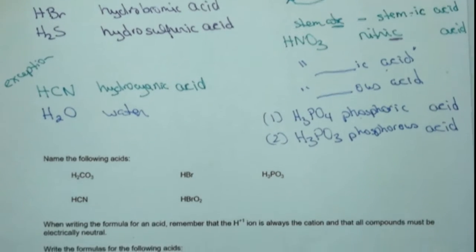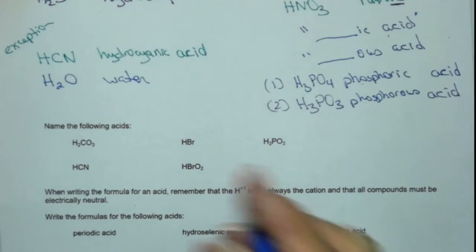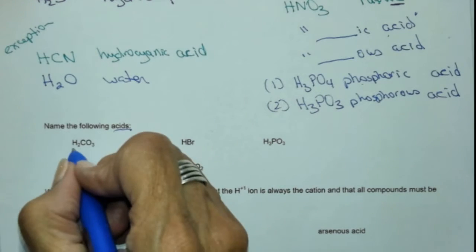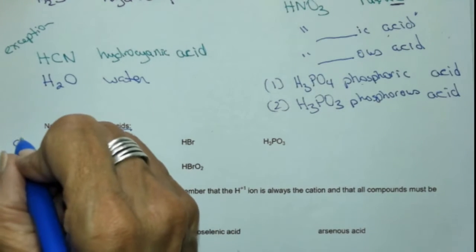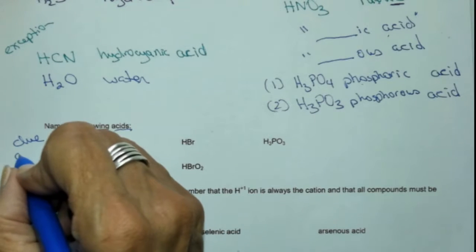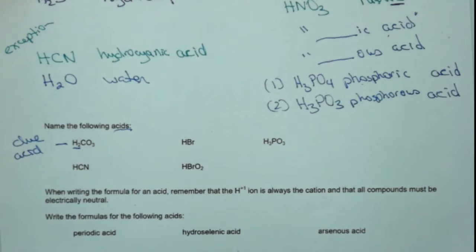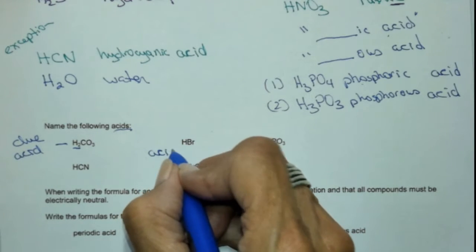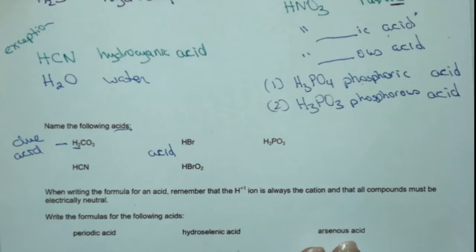All right, let's work a few other examples. It says name the acids. The first thing I noticed is it starts with an H. That's my clue. It's an acid. Once I see that H, I'm going to write the word acid so I don't forget. I see that it has more than two elements.